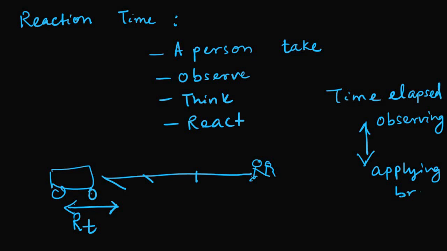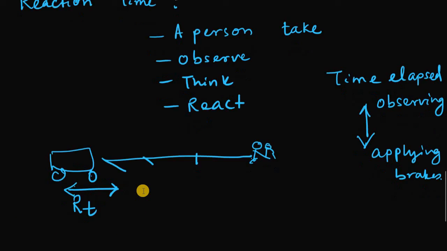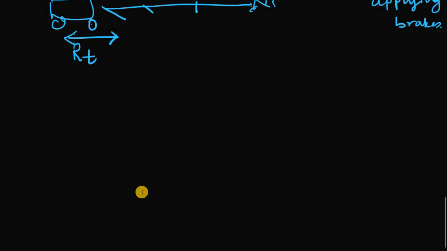Okay, so for this reaction time, if you use the equation of motion relating acceleration as well as the distance, where initial velocity is involved, time is involved, acceleration is involved, and the distance, you should apply the second equation of motion always.